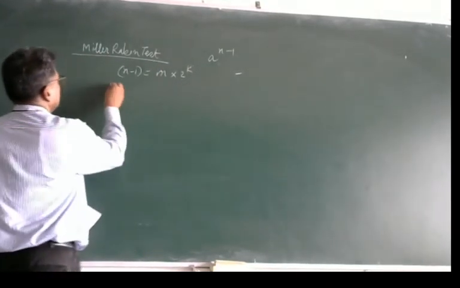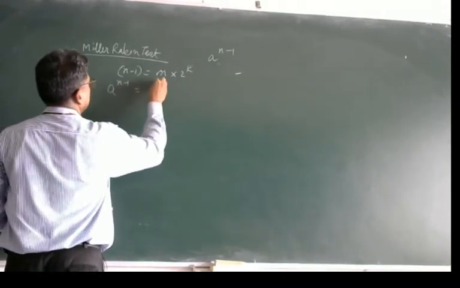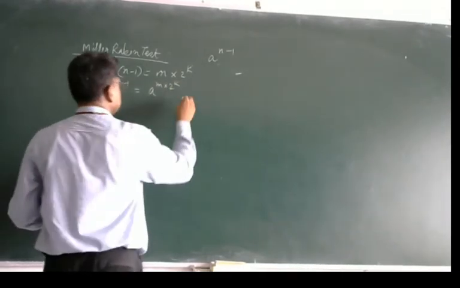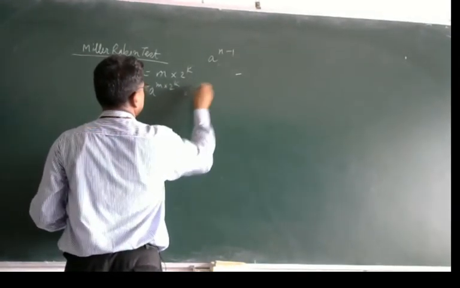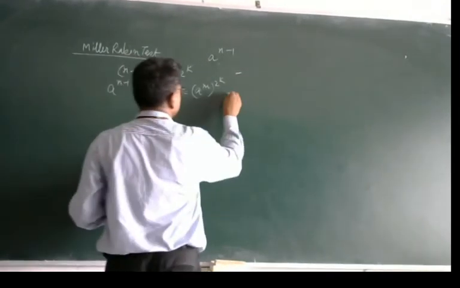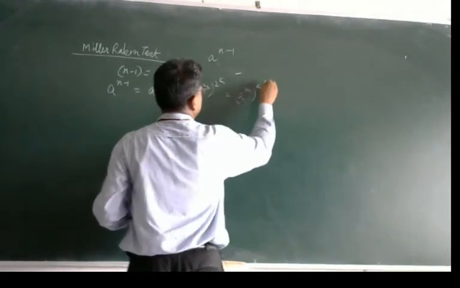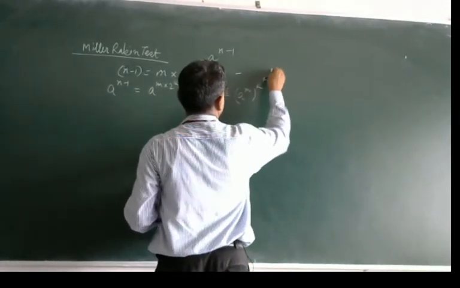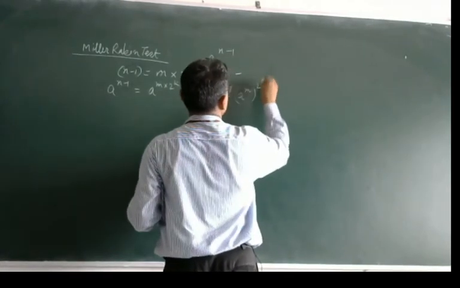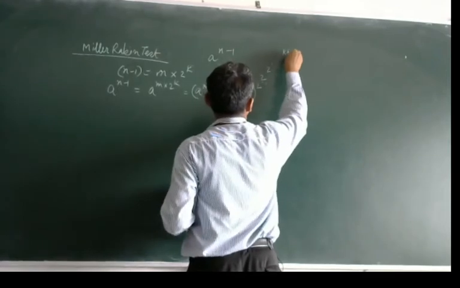So, a to the power n minus 1 will become a to the power m into 2 to the power k. This means a to the power m, to the power 2, to the power 2, up to k times.